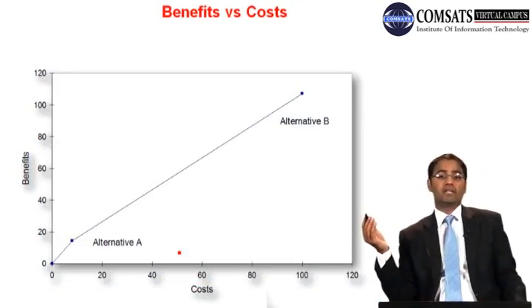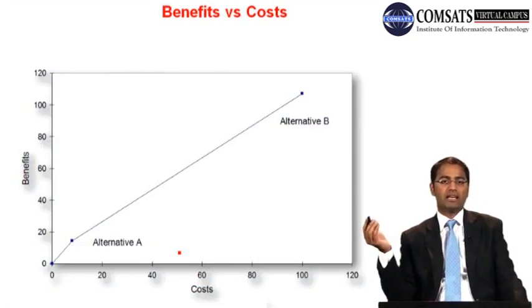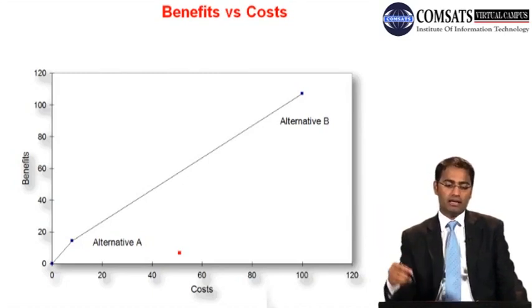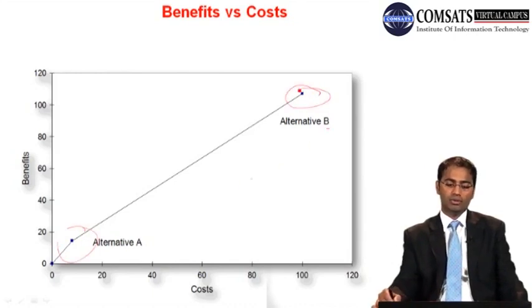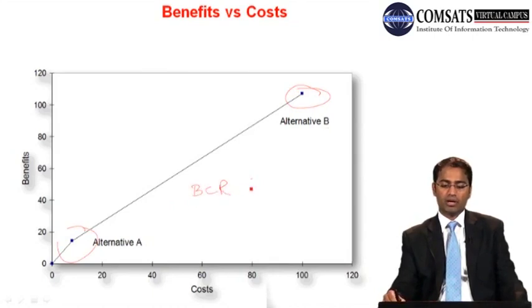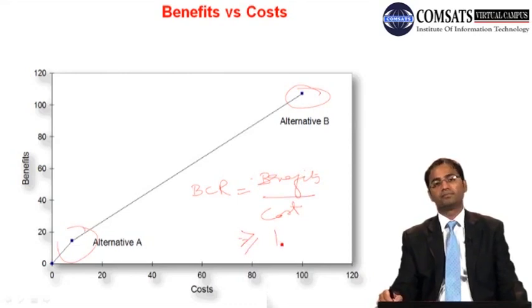Another parameter which is used for project selection as far as economic or financial analysis is concerned is called benefit cost ratio. So if you have two alternatives, alternative number 1 and alternative number 2, the BCR, benefit cost ratio, is benefits over cost. If that is greater than or equal to 1, then that is good.